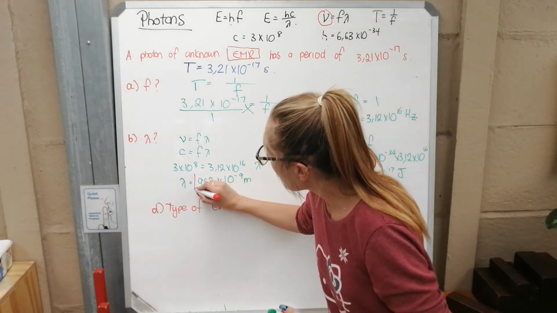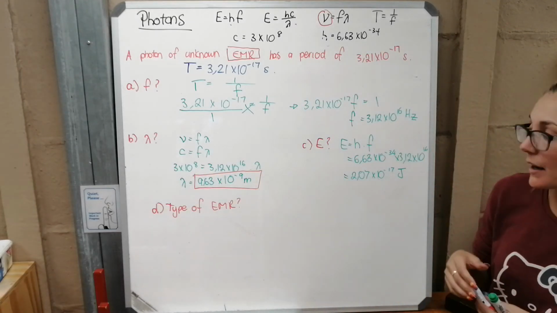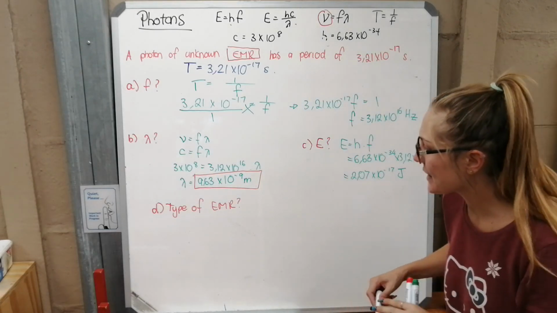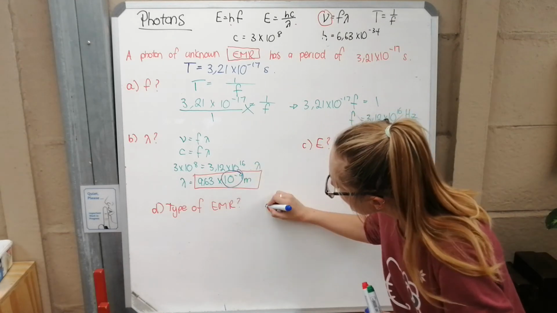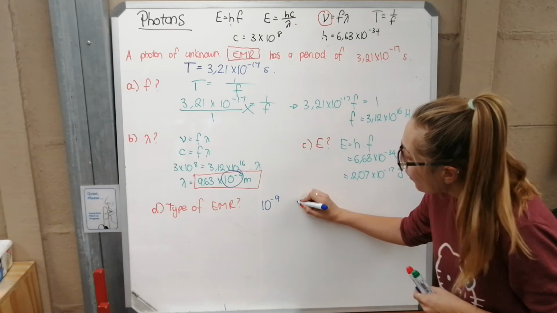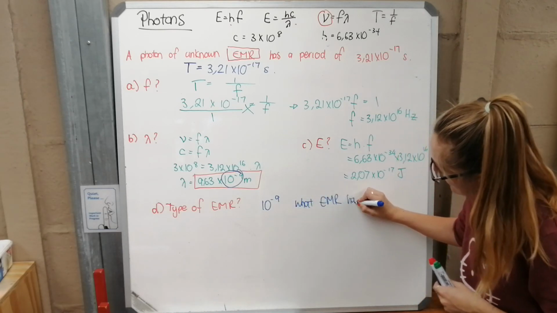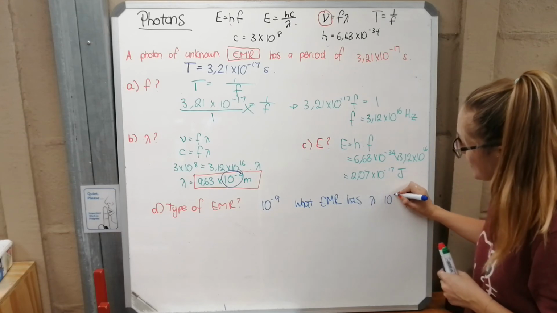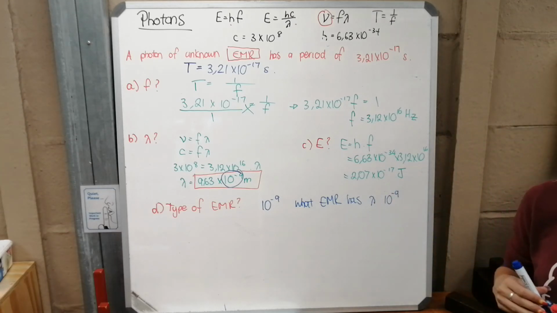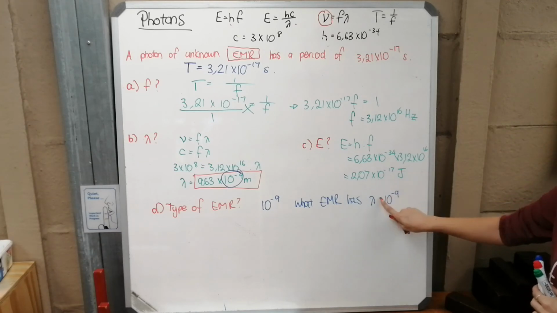So on that we've got wavelengths labeled, okay? Now our wavelength is of magnitude 10 to the negative 9. So you need to look on that spectrum for what type of electromagnetic radiation will have a wavelength of the magnitude 10 to the negative 9.